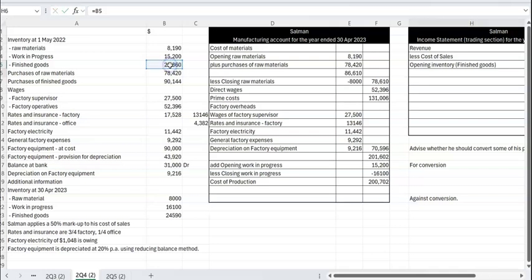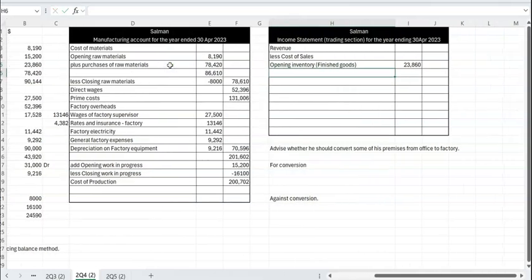Finished goods plus the cost of production, add them together.